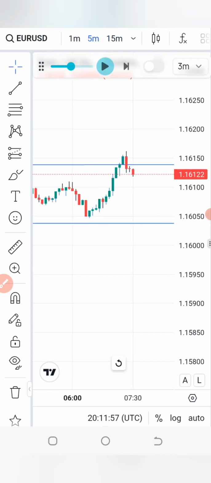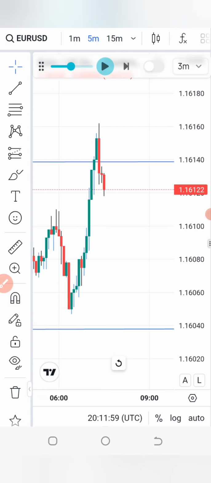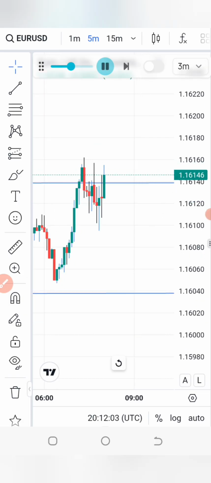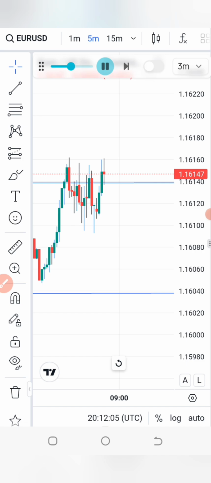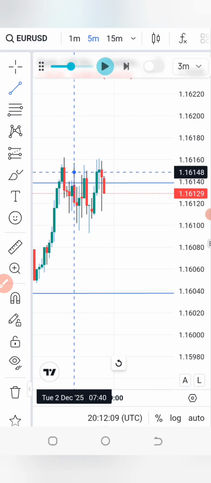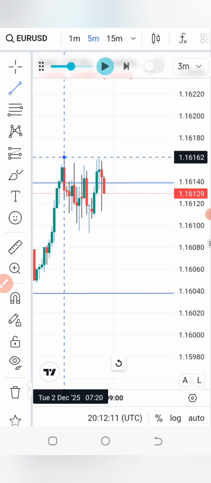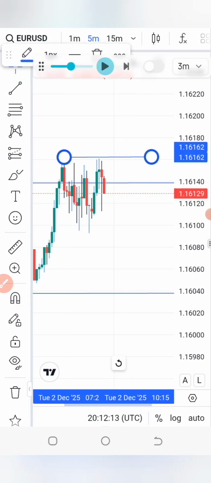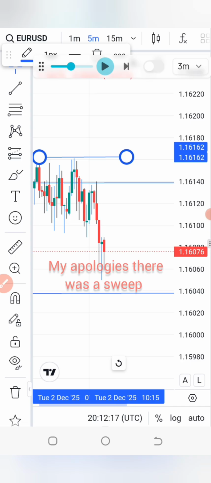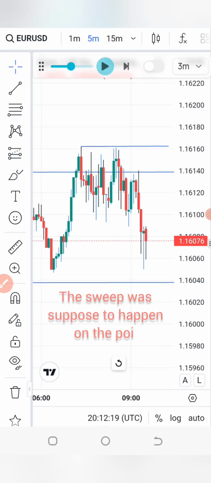We have seen a small sweep right there. Alright, we didn't actually get a sweep. We have to patiently wait for a sweep to happen before we take any trades. Okay, so price is just consolidating without a sweep.